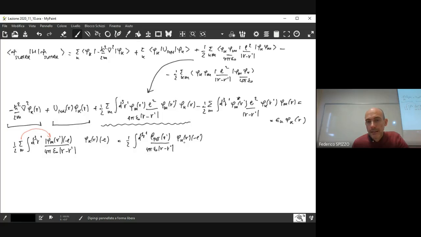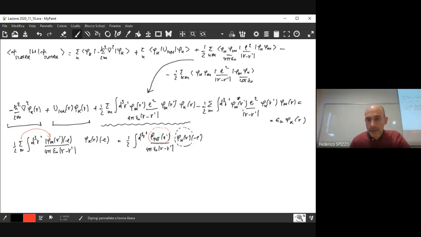So this is a sort of interaction between one electron and the average density that is produced by the other electrons. So this is something that resembles what we have observed in the Drude picture, in the R3 model, when the contribution of all the electrons could be written in terms of the average density produced by those electrons.